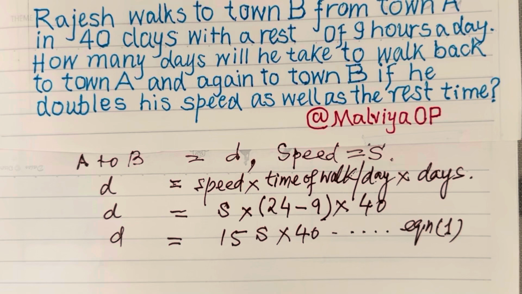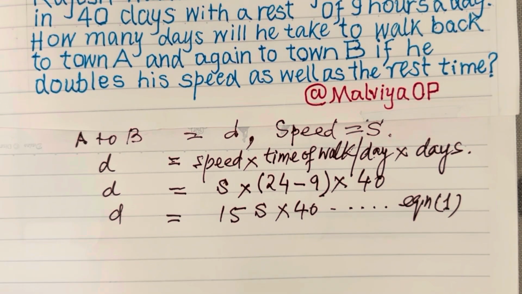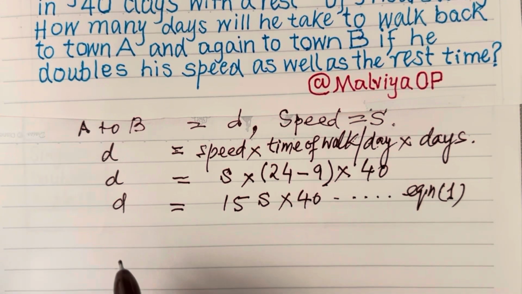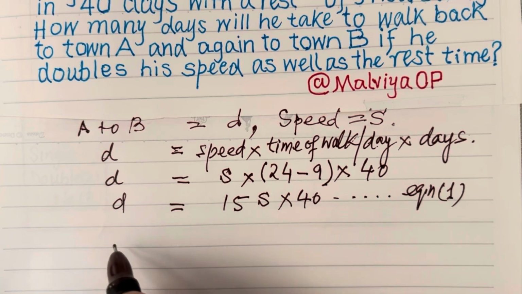Now for the walk from town B to A and again to town B, the distance here will be double.